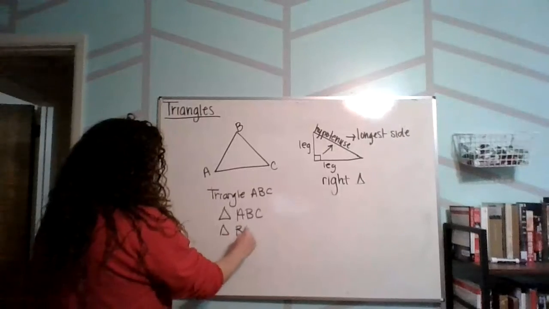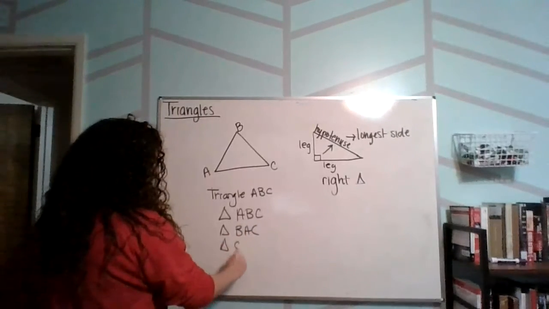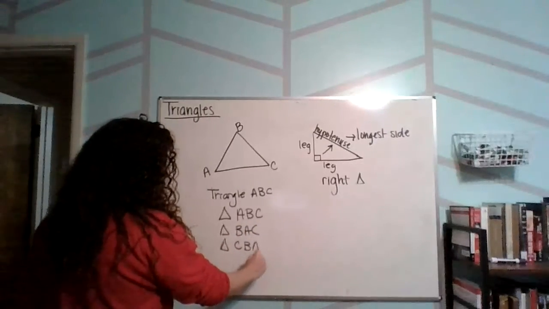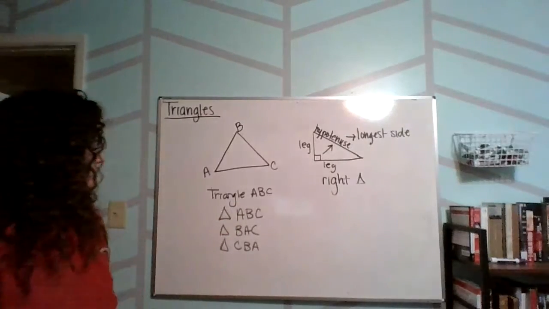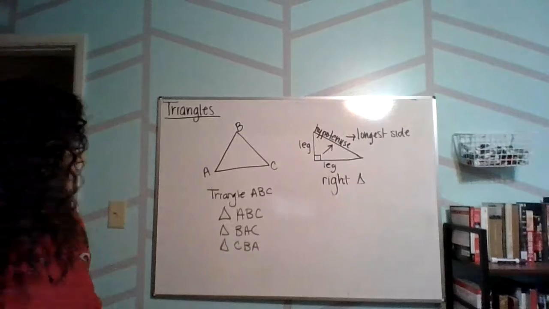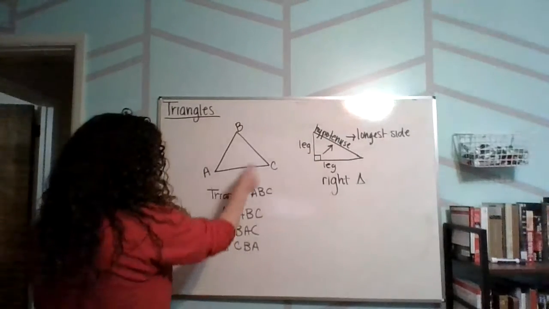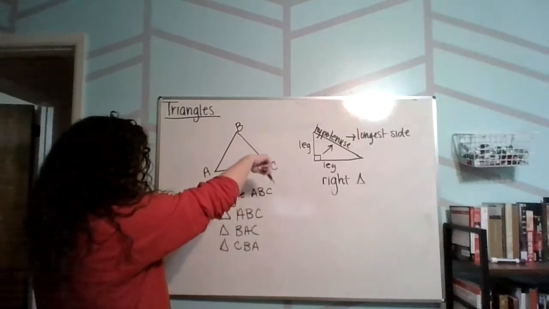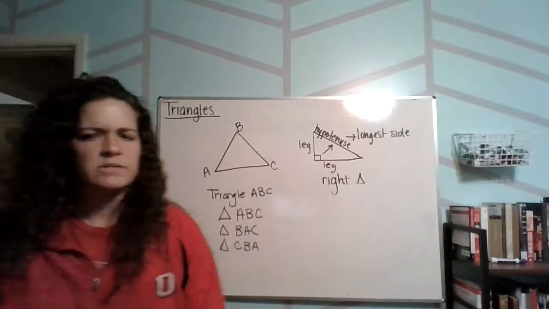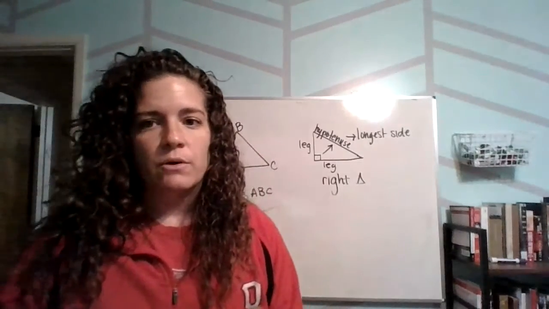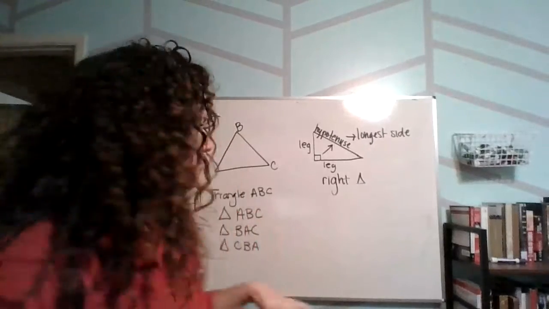It could be triangle BAC. It could be triangle CBA. Since there are three letters, there should be, what, six combinations, nine combinations? So CAB, BCA. Yeah, no, it's six combinations, sorry. All right, so hopefully that helps out with that.